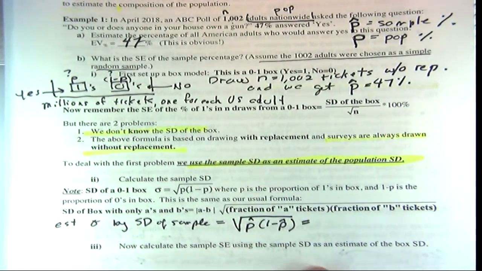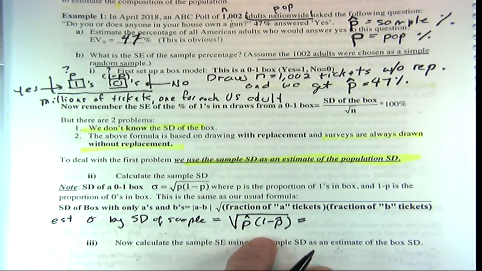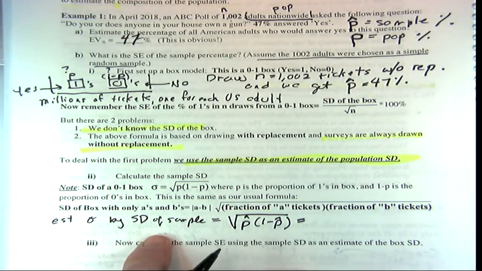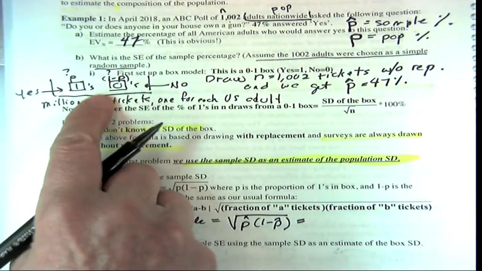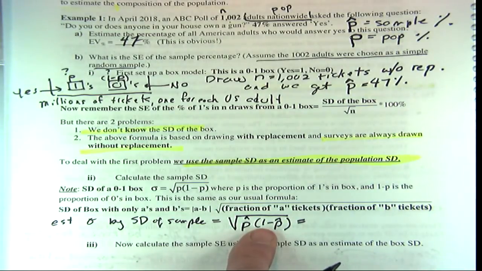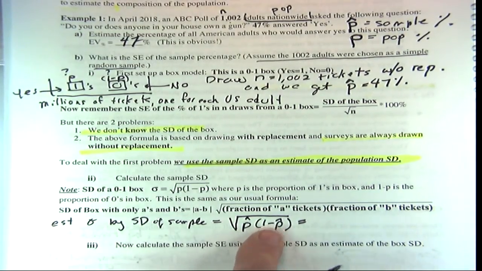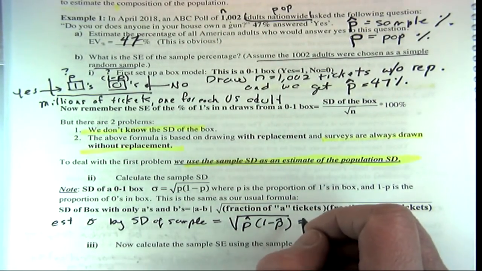Okay? So that's what we're going to do. And notice how our standard deviation is directly tied to our mean. The mean right here is 0.47, and it's directly tied to the mean.